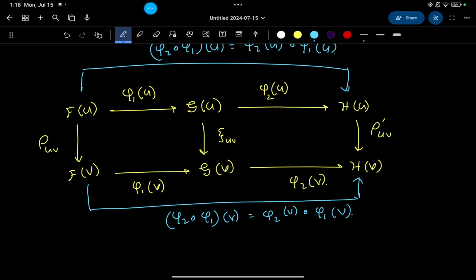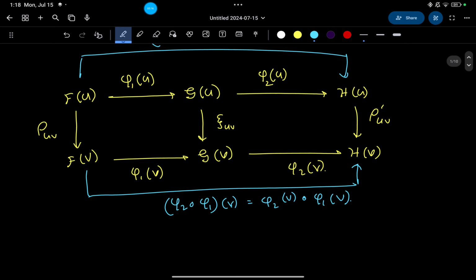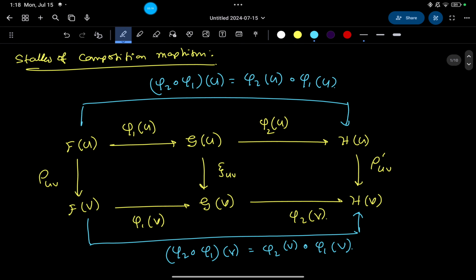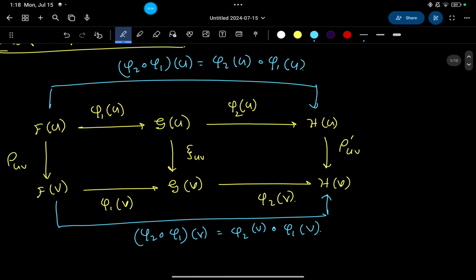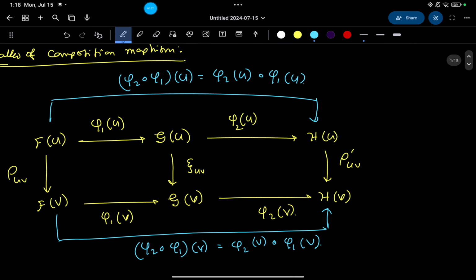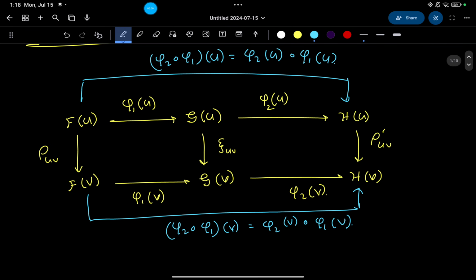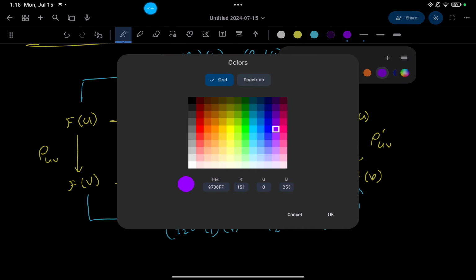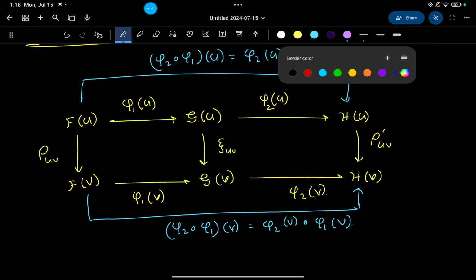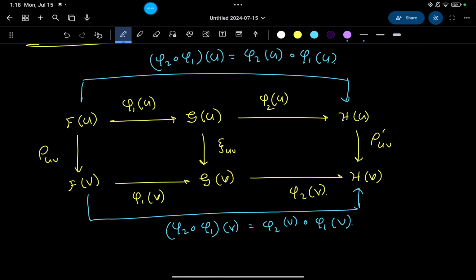Now from F(u) to F(p) there are maps, right?